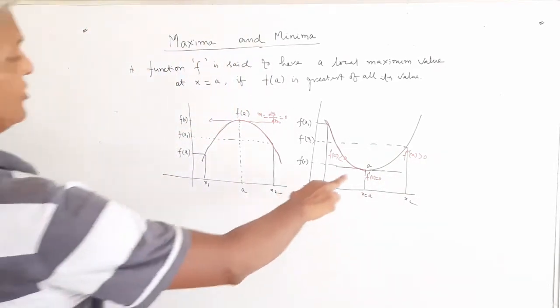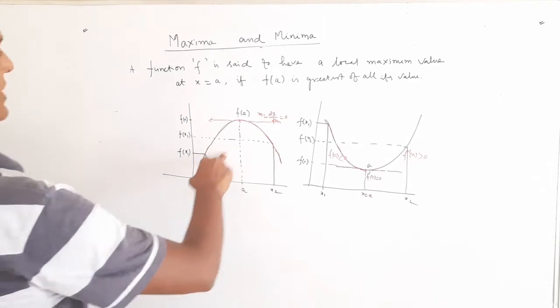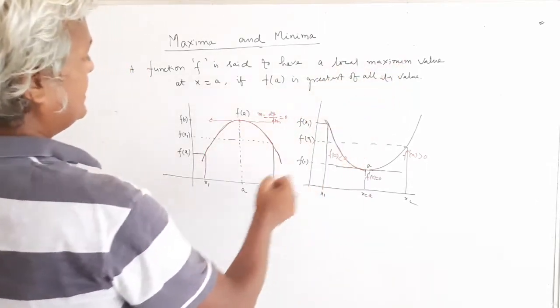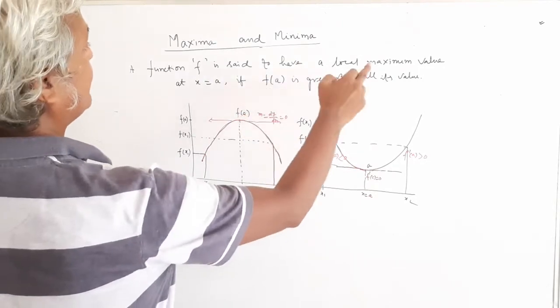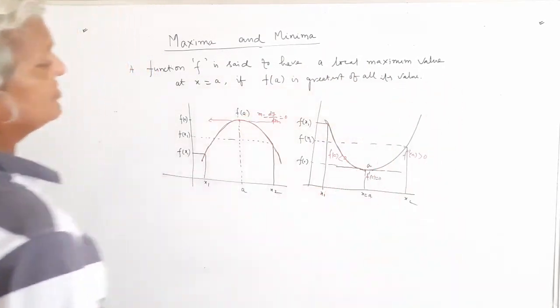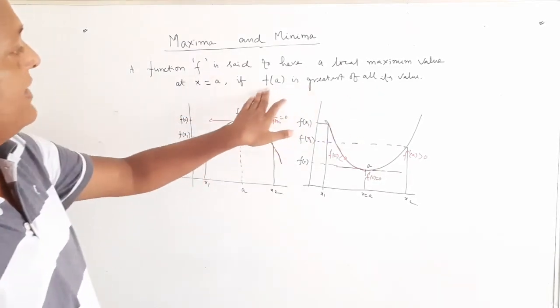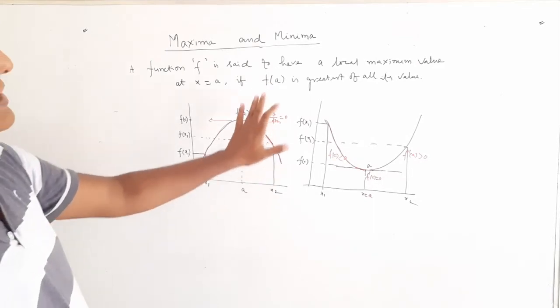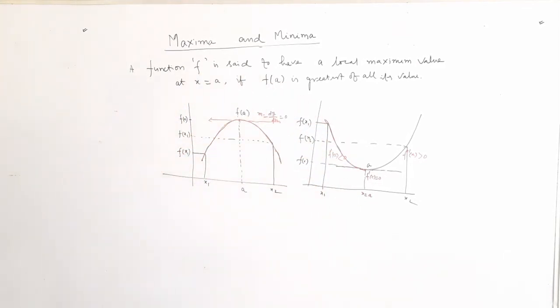So this value is called the local minima or minimum. If I change the definition, for this function it will be local maximum, and for this value it will be local minimum. When you write minimum, then f(a) is the least of all its values. In the case of maximum, it is the greatest of all values at f(a), and in the case of minimum, it is the least of all the values at f(a). So this is the idea of maxima and minima.